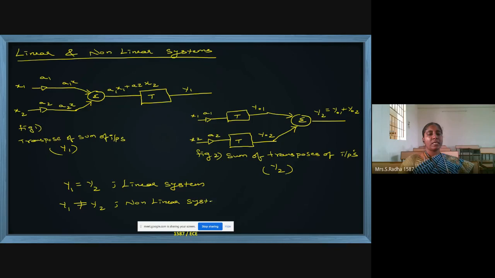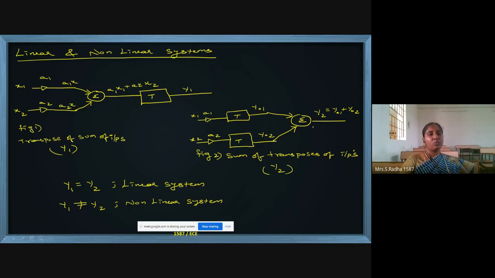A linear system follows the principle of superposition. Superposition is additivity plus homogeneity. Homogeneity means whether you do the summation first or the transform first. In figure 1, we are doing summation followed by transform. In figure 2, we are doing transform followed by summation.